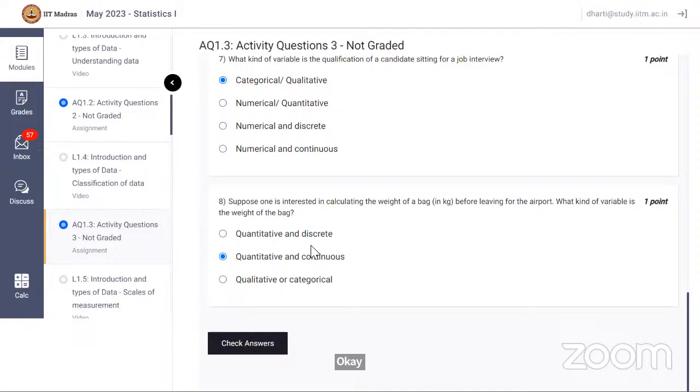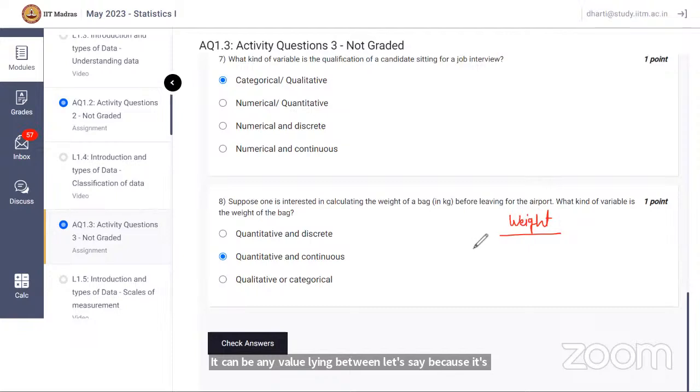Somewhat confusing. So, when you have to measure weight, it can be any value lying between, let's say, because it's a bag, I am just considering it as a backpack. Fine, so we will just limit one upper limit. At the max, it has some 20 kgs.